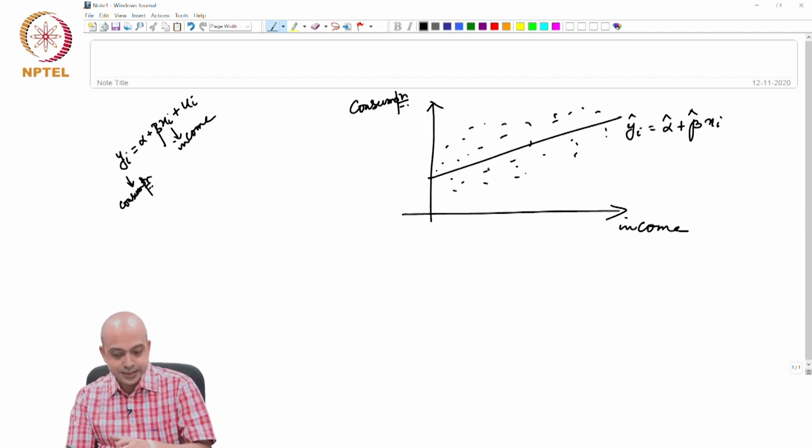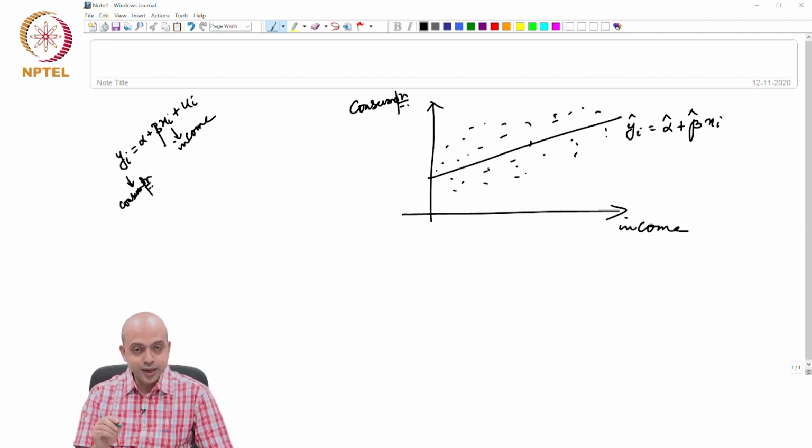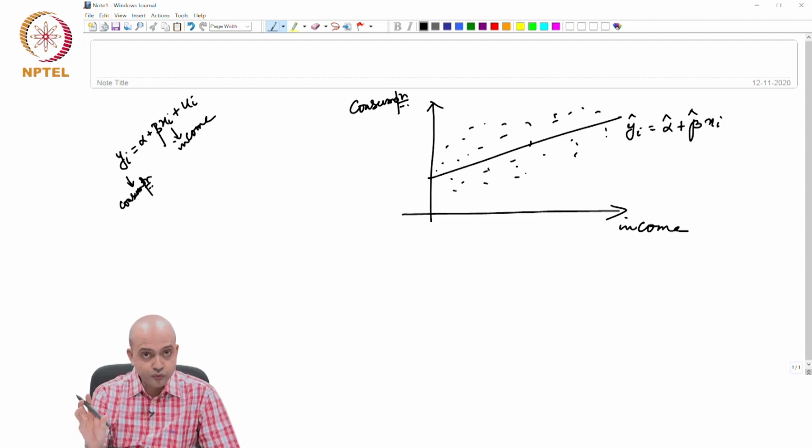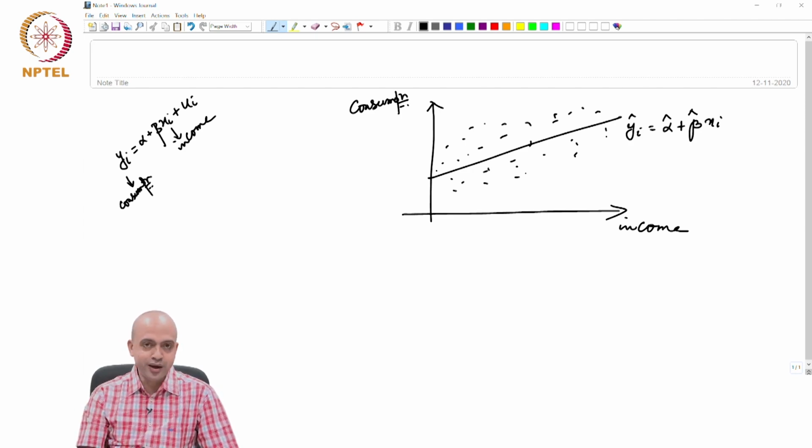and in that sense I can tell you this line what you are fitting is basically you are trying to fit a line to represent the data what you have in your hand. So then the question that comes to our mind, how good is this line to represent the data that you have collected?